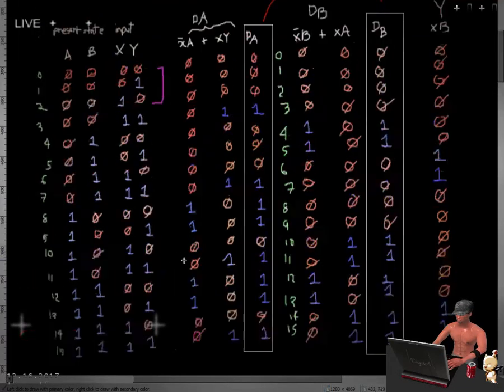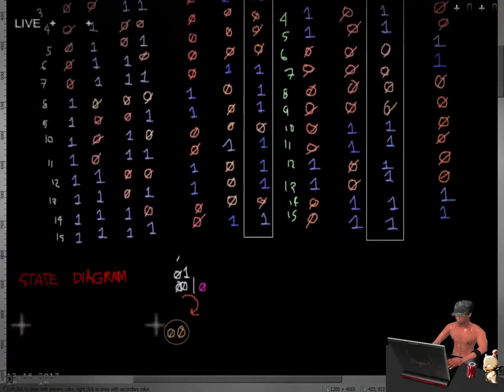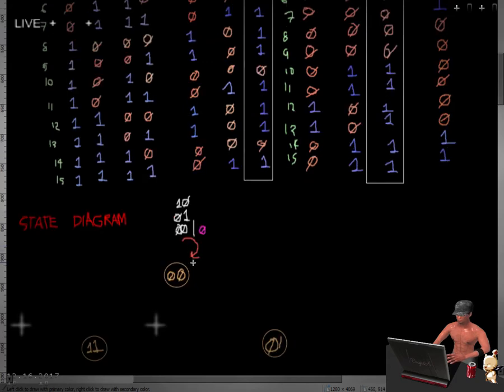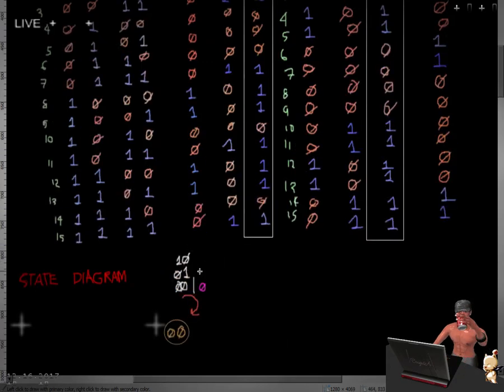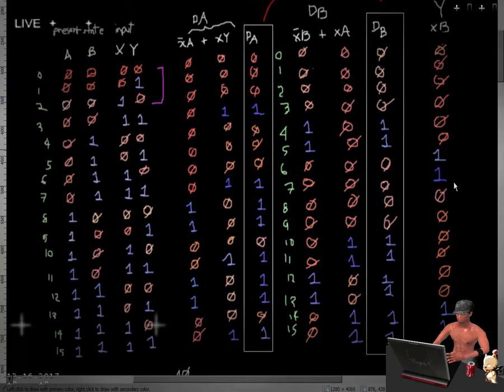The input is gonna be 1, 0. So it goes to that state 0, 0. The output is 0, as you can see here.